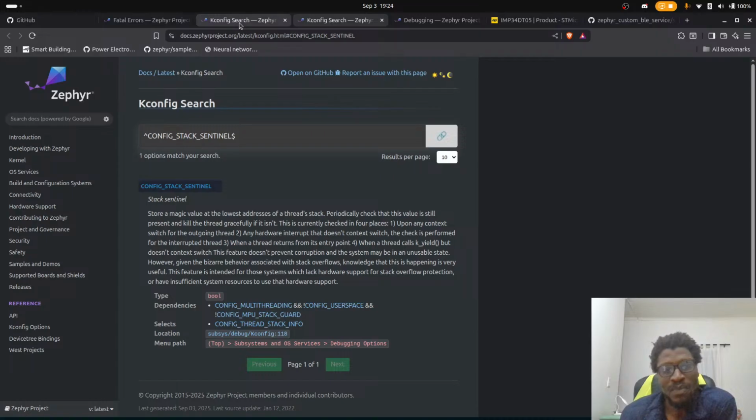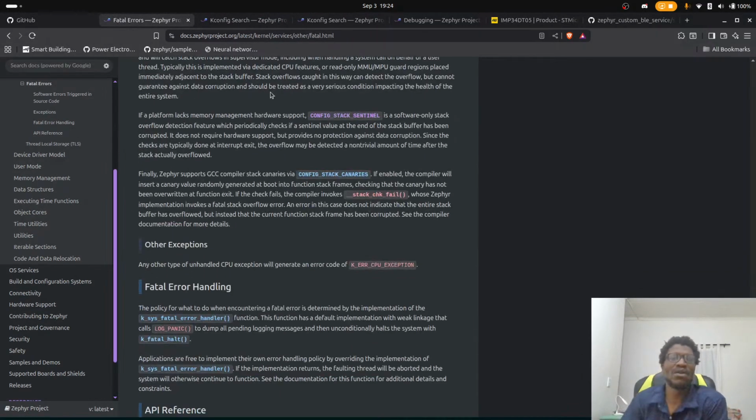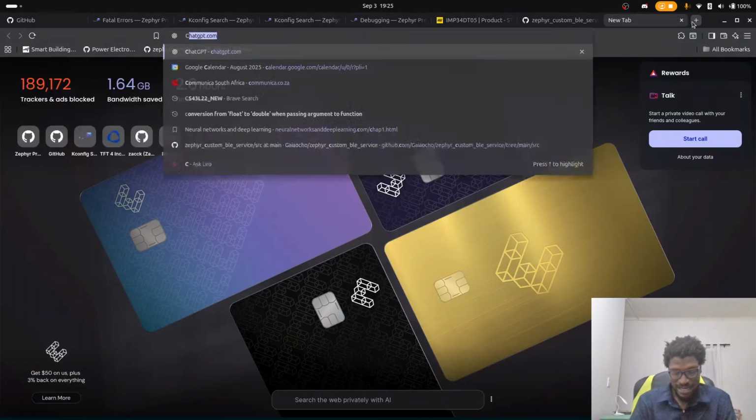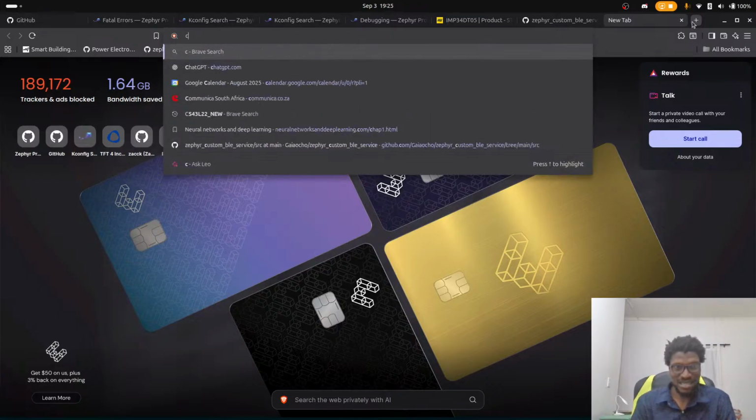And then finally, we have something called stack canaries. It's a canary in a gold mine. Why do you take a canary in a gold mine? I hope everyone knows about this. I don't know how to say that word. Canary.